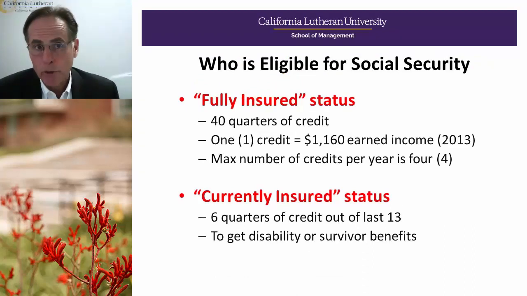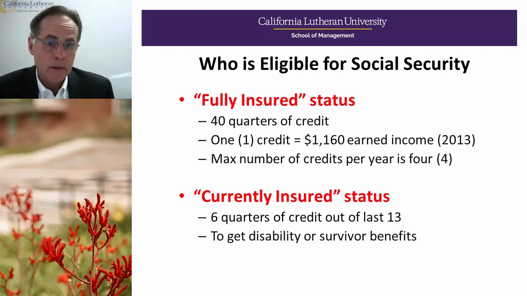You already learned about eligibility for Social Security, knowing that you have to accumulate 40 quarters of credit. It does not have to come in any consecutive order, but it's 40 quarters, and in a given year, the most you can achieve is 4 credits in 1 year, and 1 credit is determined by some dollar amount.